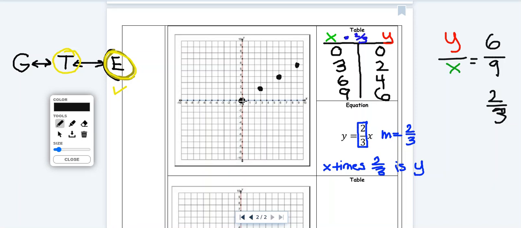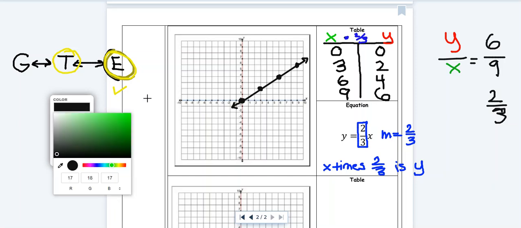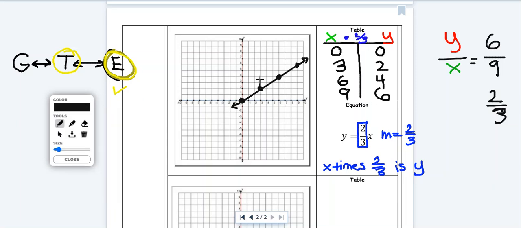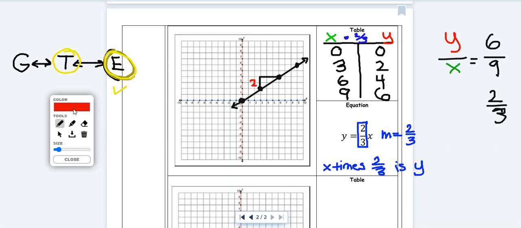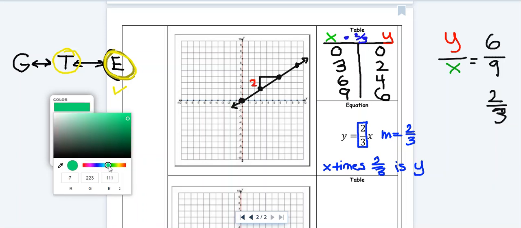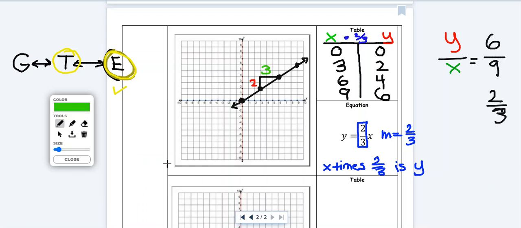So now I can connect my points and make a line by putting arrows at the end. You'll also notice that when I draw my slope triangle just between any 2 points, I get a rise of 2 and a run of 3, or my slope.